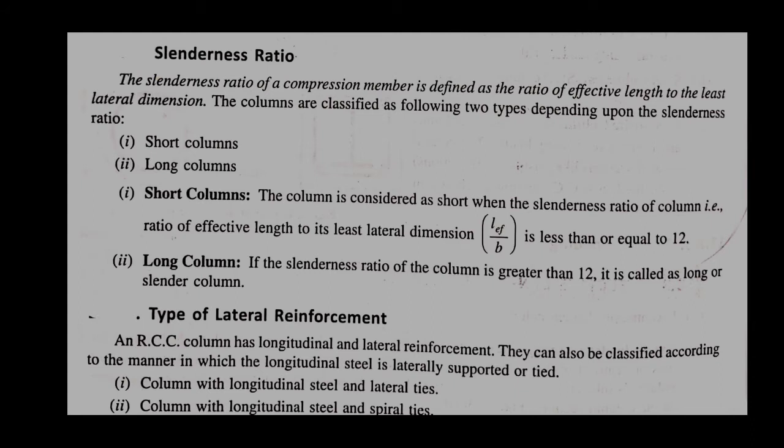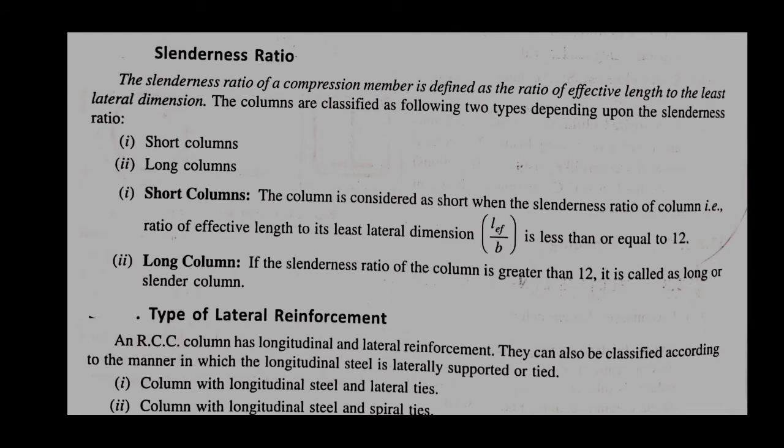Effective length of a column is defined as that length of the column which takes part in buckling under the action of loads, or this is also defined as the length between the points of contraflexure of the buckled column.